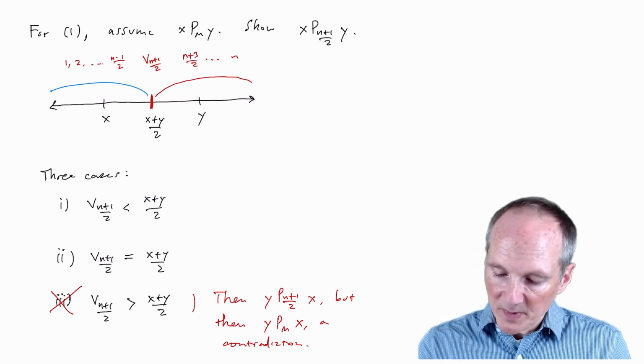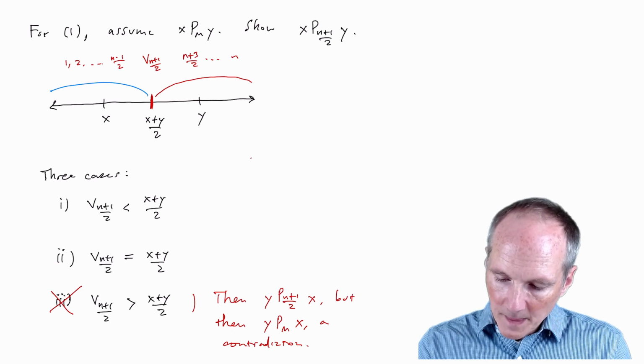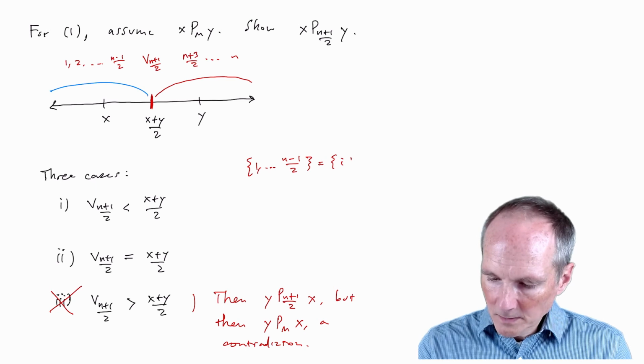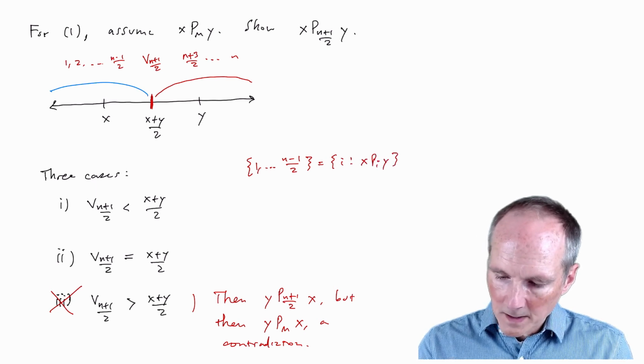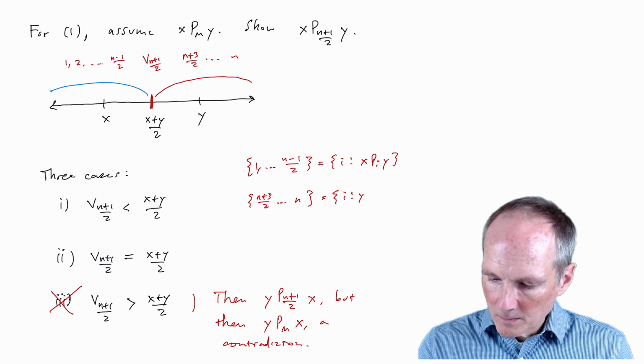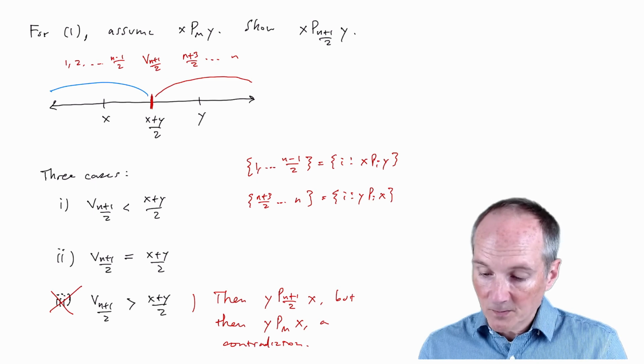All right, but that would mean that everyone below the median, they all prefer x to y. Everyone above the median, they all prefer y to x, right? Their ideal points are all closer to y.